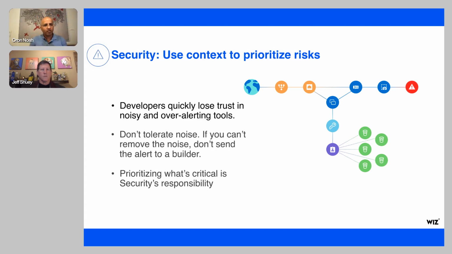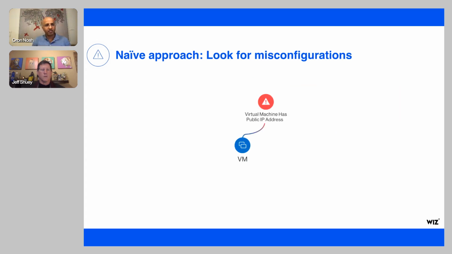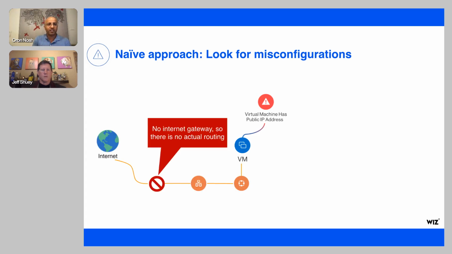But if you combine it with the relevant cloud context, and this is the classic example, and look at the entire cloud architecture, you will understand that this VM sits under a load balancer, or a gateway in that specific case, and it's actually not exposed to the internet. So a classic native approach will trigger an alert on that, and it's not really an alert.